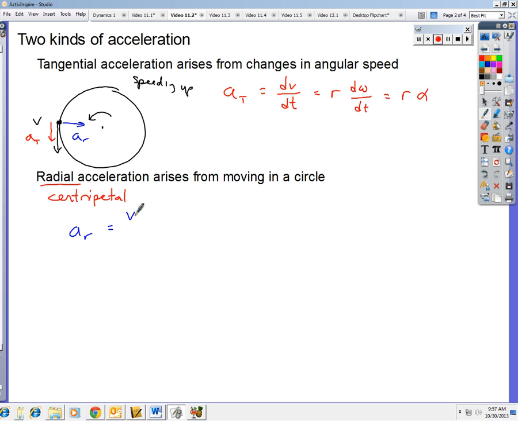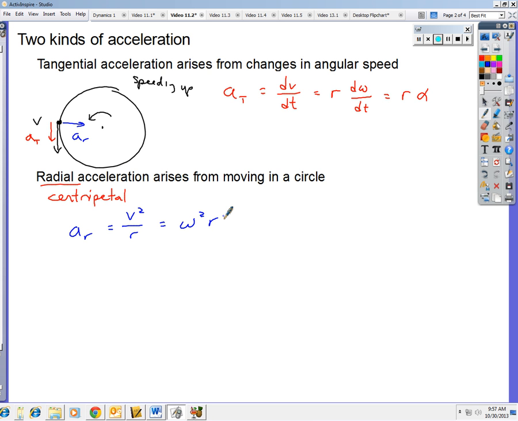And we already know a_r is equal to v squared over r, and a little bit of algebra can tell us that that is equal to omega squared times r. So you have a tangential acceleration that arises from it either speeding up or slowing down. And you also have a radial acceleration that arises from the change in the direction, the fact that it's moving in a circle.